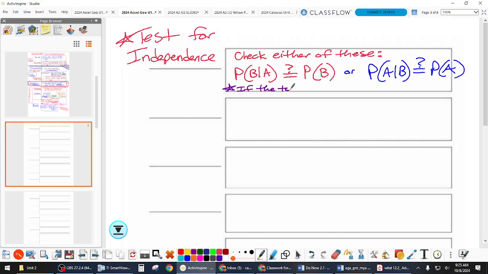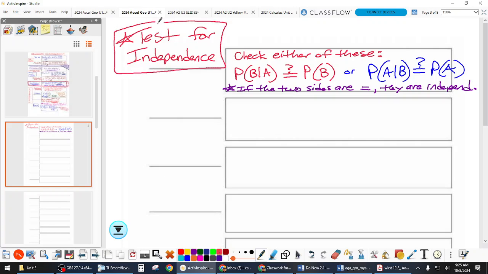And then we'll say if the two sides are equal, they are independent. This is a, I don't know, hopefully it stands out. Maybe put a box around it, but this is another formula kind of situation.